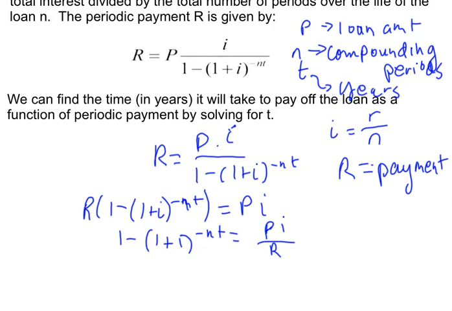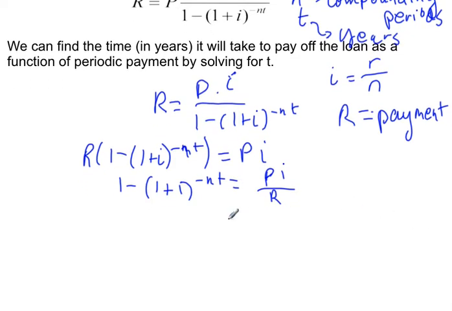Next, I'm continuing to want to isolate T, so I'm going to subtract 1 from both sides. Next, I'm going to divide both sides by negative 1.